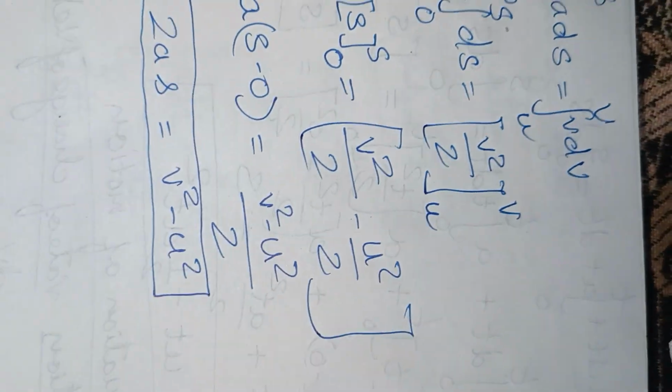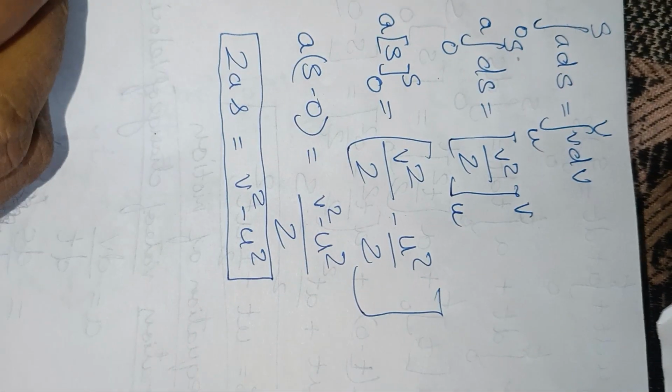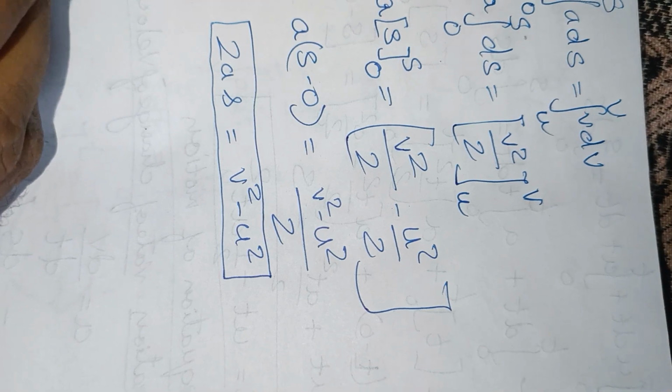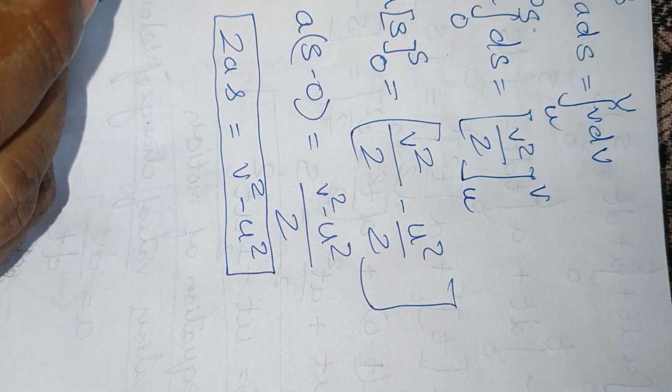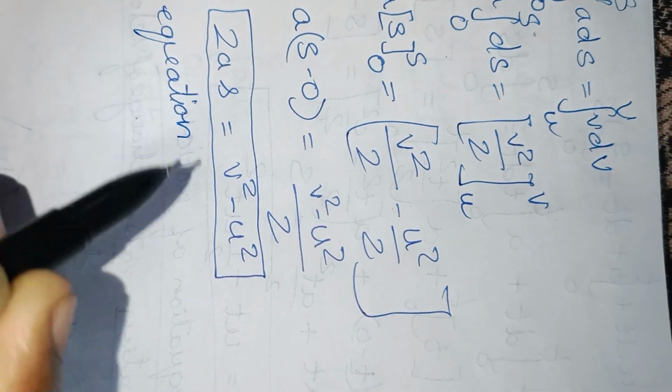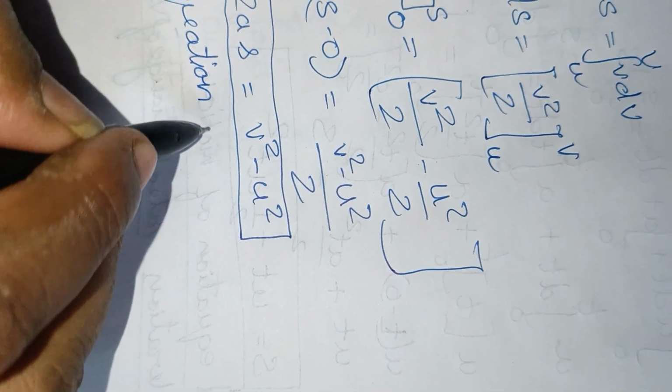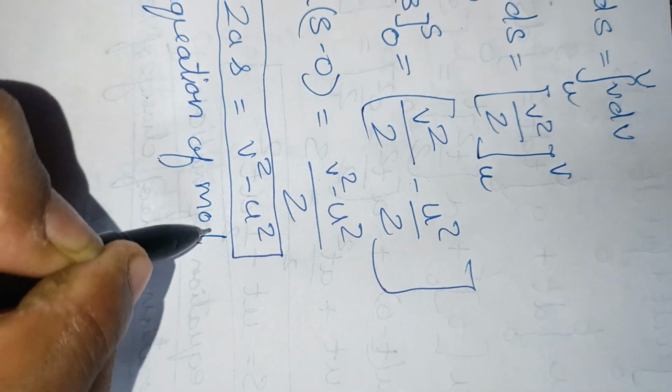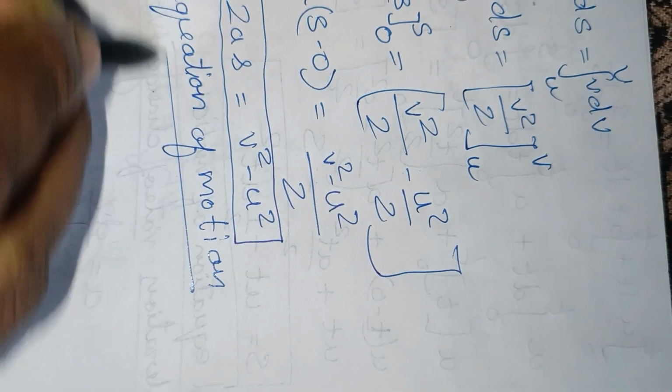Now we'll extend up to the fourth equation of motion as well. As we discussed earlier regarding the fourth equation of motion, the same formula we have to implement. What would be the fourth equation of motion?